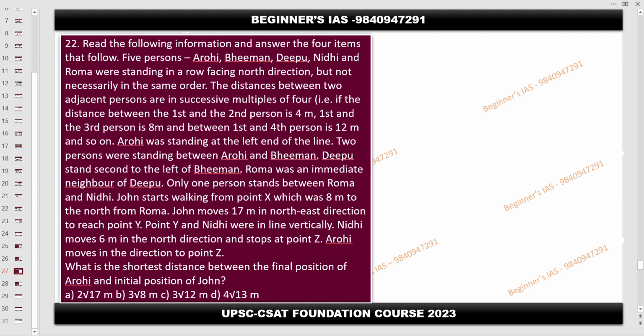So this is nothing but the initial position of John. So here is the final position. Refer to the basic diagram, then it will be easy. Final position of Arohi. Then make your straight line.